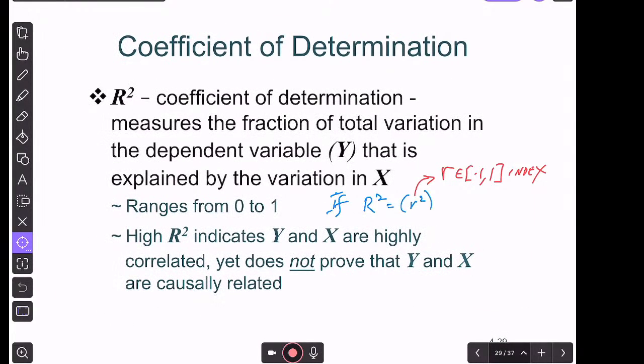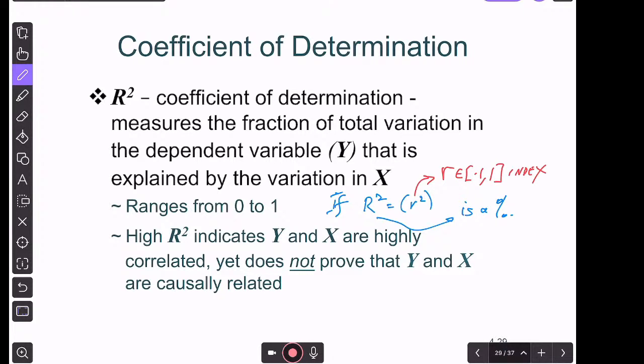So it went from an index to a percentage. It goes from an index to a percentage, a fraction of total variation. It's a percentage, 0 to 100%.